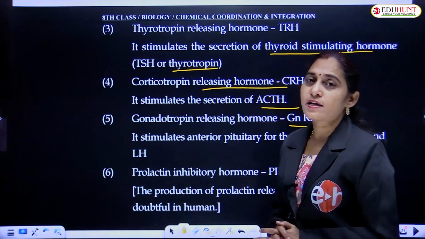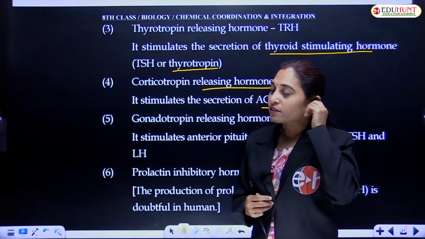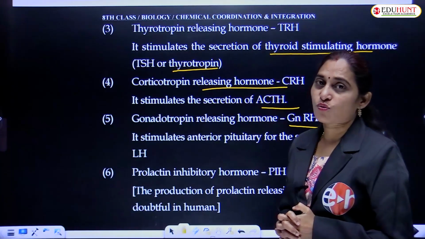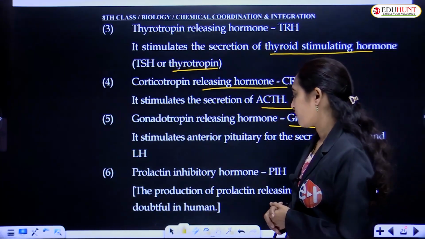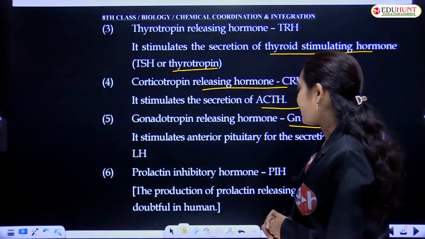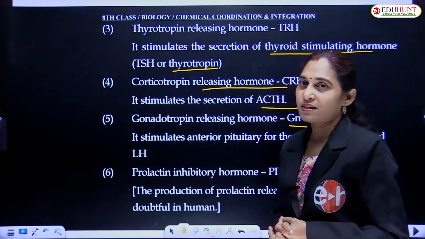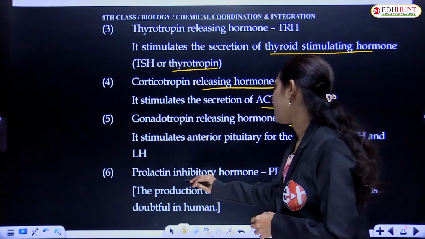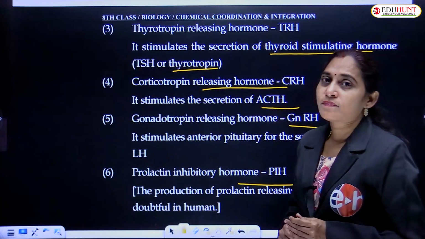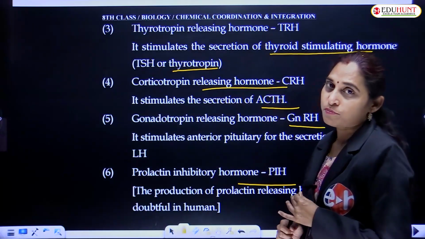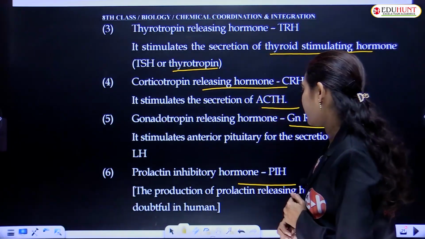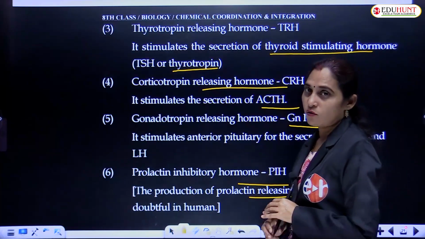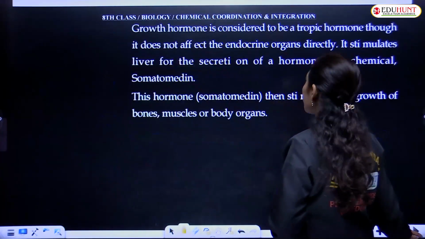Luteinizing hormone is responsible for synthesis of testosterone in males and estrogen in females. Prolactin inhibitory hormone is not detected in humans. Prolactin is a hormone produced especially in lactating mothers. The production of prolactin releasing hormone is doubtful in human beings.